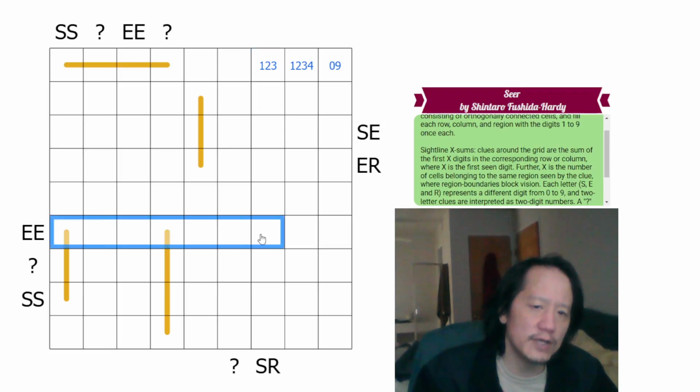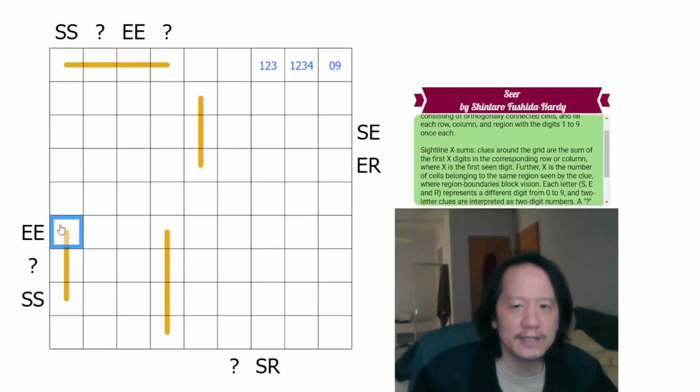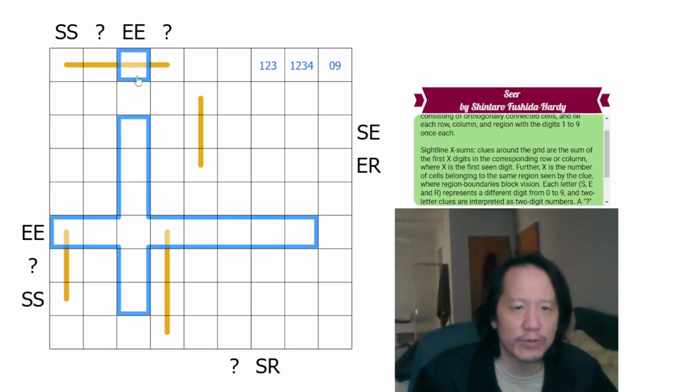The problem with E being 44 is that these also act as X sum, but they also act as the same region. So therefore, if this is 8 and this is 8, they have to be part of the same region, but that's already greater than 9 cells in that region, right?